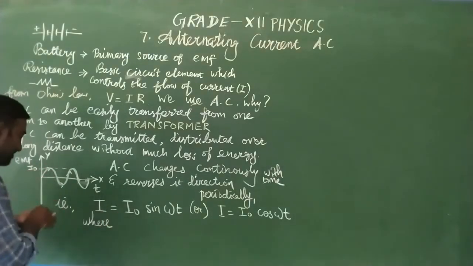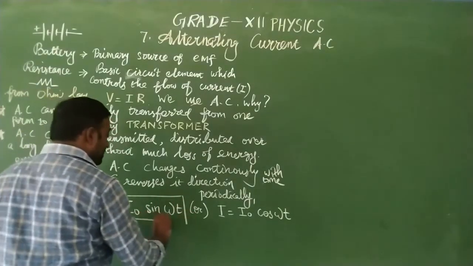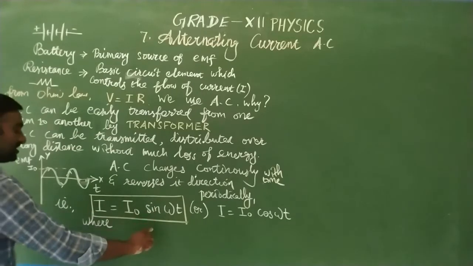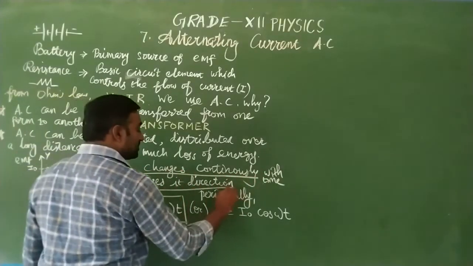So in this equation, the AC current is denoted by the formula I is equal to I naught sine omega t. This is a sine wave, sinusoidal wave, which means it changes continuously and reverses the directions periodically.